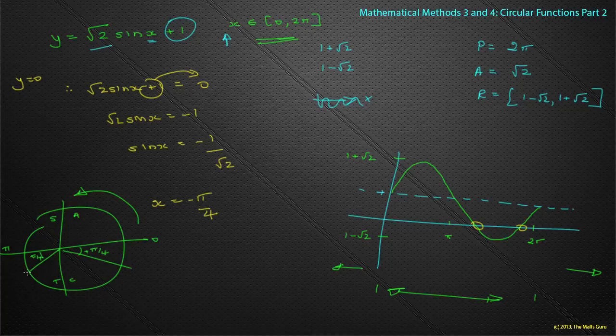So my first value of x is going to be equal to pi plus pi on 4. And my next value is going to be this one, and that's also 2 pi. So 2 pi minus pi on 4. That will put us in the right order, which gives us 5 pi on 4 and 7 pi on 4. And so what do I now know? I now know I've got my crossing points.